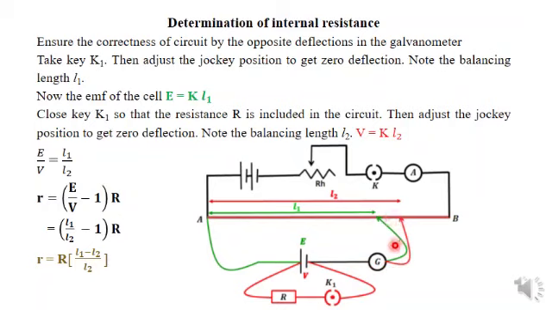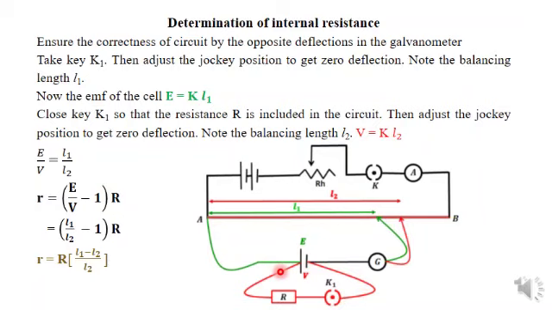Again, there is one more connection from the positive terminal of the cell to the resistance box, then from the resistance box to the key, and again from the key to the negative terminal of the cell.